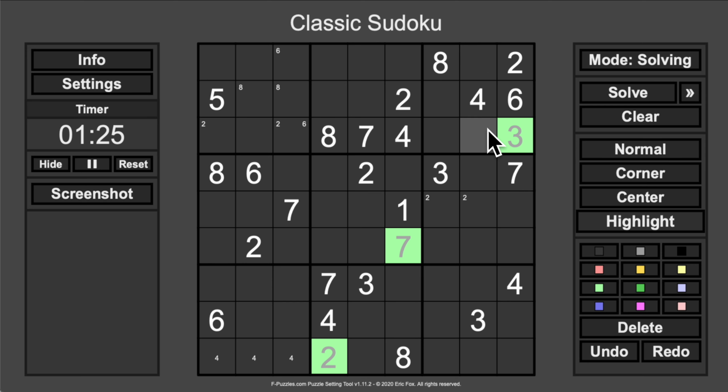I need 1, 5, 7, 9. But I'd still have to fill a lot of candidates in. Any other digits I can just write in. 4 is somewhere around there.